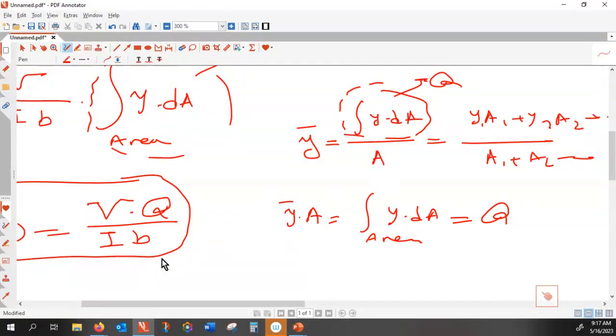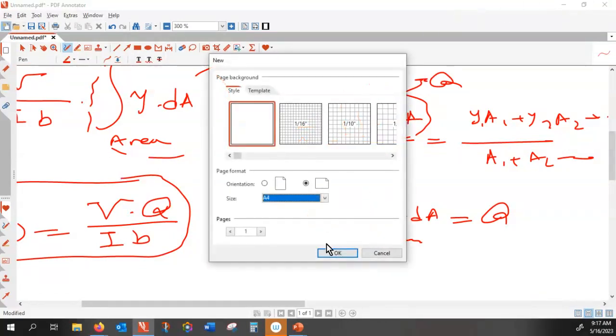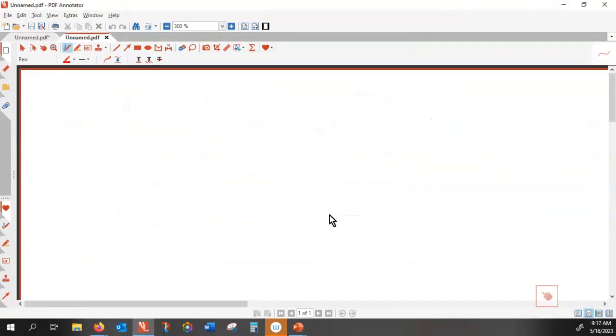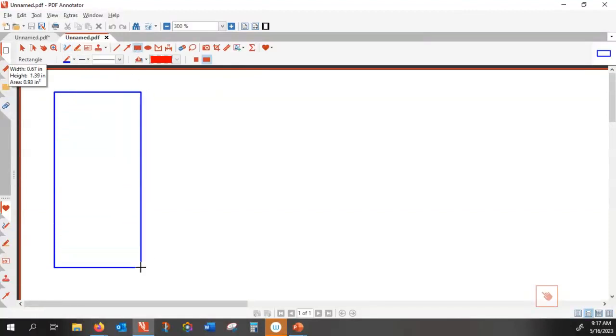All right, so let's do some examples. I want everyone to be confident to calculate Q. In doing that, I'll give you a numerical example. So let's have a rectangle.